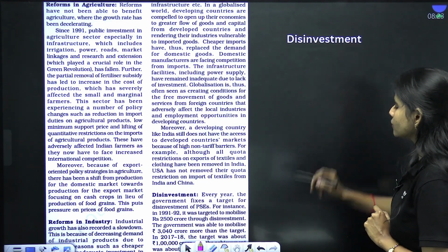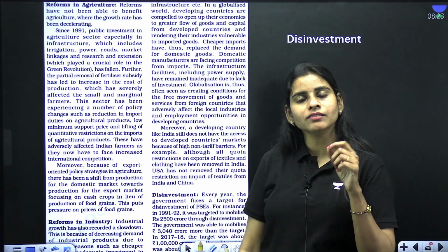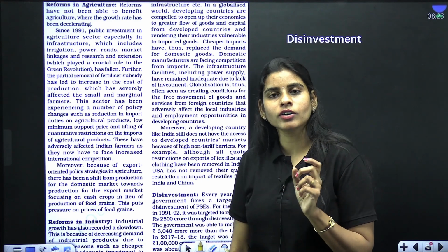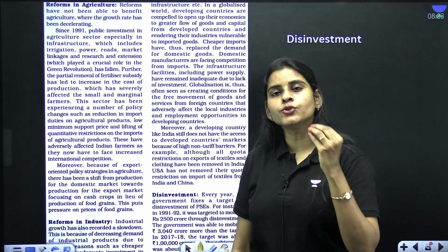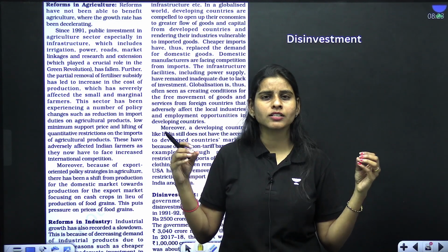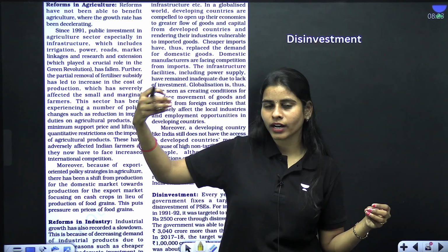And talking about disinvestment, it was often criticized that the government undervalued the PSUs and sold them. See, why does the government have to go for privatization, disinvestment? One thing, to support the participation of privates or encourage them.